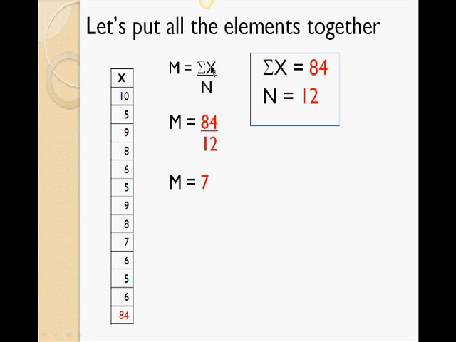As you gather these elements, you have them ready, and when you have all of them, you can put them together and compute your formula.